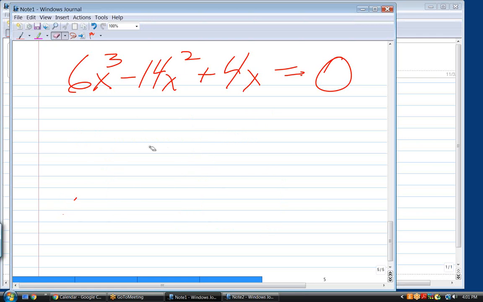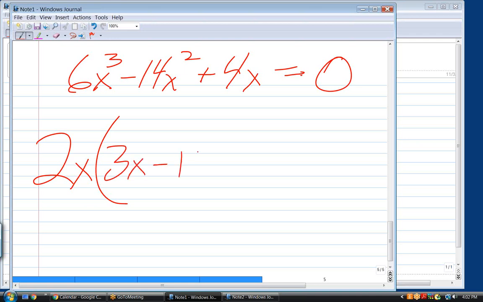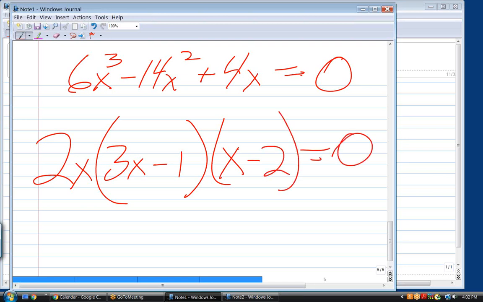And once you get it factored into 3 factors, don't forget the 2x. In other words, my answer was, if I remember right, x minus 2. Now what are your 3 answers? There's 3 answers to this, and an awful lot of people forget this one.